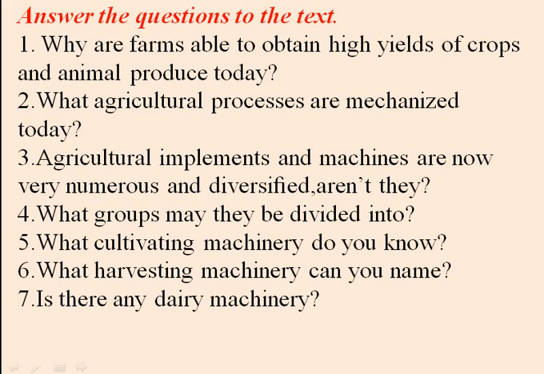The first question: why are farms able to obtain high yields of crops and animal produce today? What agricultural processes are mechanized today? The third question: agricultural implements and machines are now very numerous and diversified, aren't they?